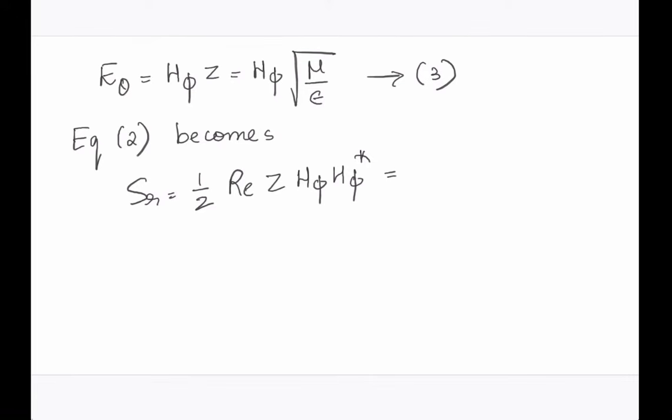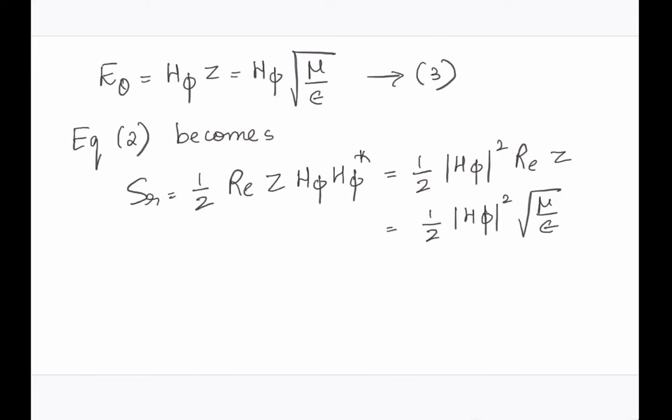That is equal to 1 by 2 into the absolute value of H phi, the whole squared, into the real part of Z. This Z can also be written, so S_R is equal to 1 by 2 into the absolute value of H phi squared into root of mu by epsilon.